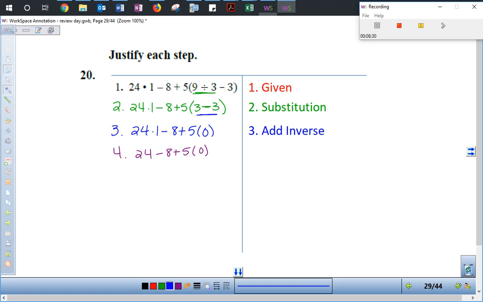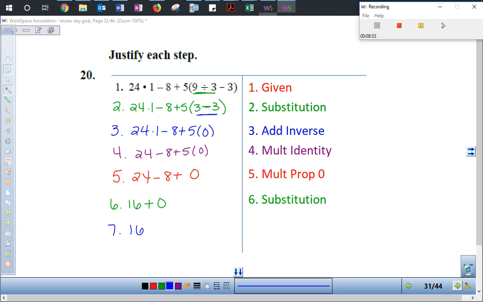And that would be the multiplicative identity because we multiplied something by 1 to get itself. Then I want to take 5 times 0 in order to get 24 minus 8 plus 0, and that would be the multiplicative property of 0. Next we'll take 24 minus 8, which gives us 16 by the substitution property. And then 16 plus 0 gives me 16 again, and that would be the additive identity.